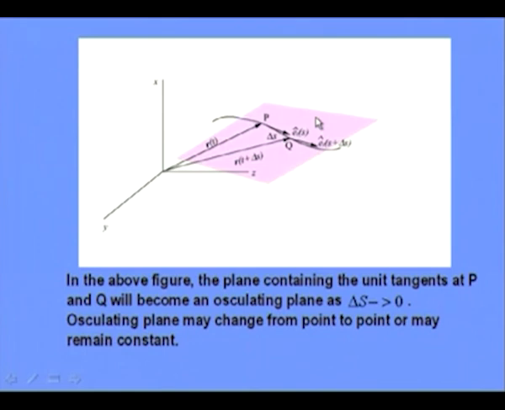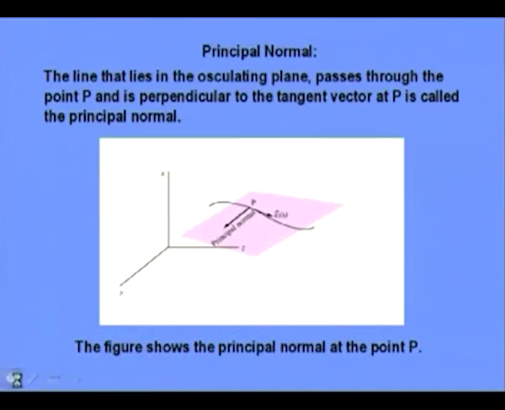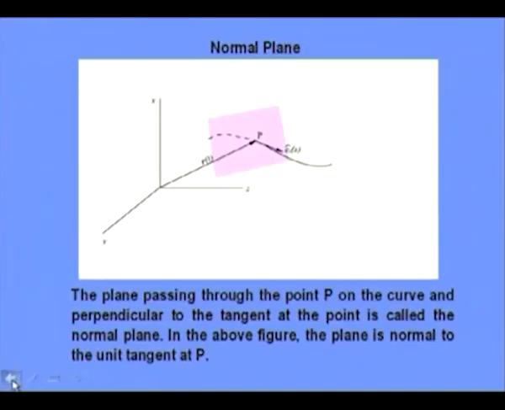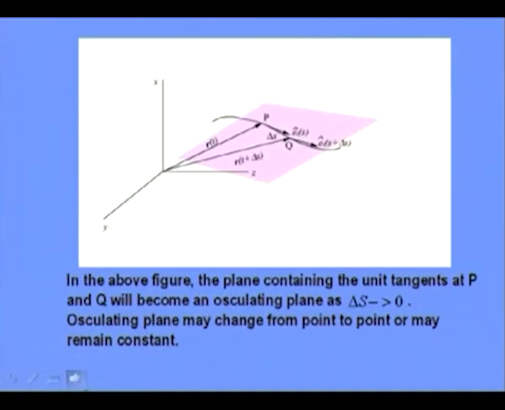So, the osculating plane may change from point to point or may remain constant. If the motion is taking place only in a plane, then that plane itself is the osculating plane. Osculating means kissing. So, the osculating plane just kisses the path, that is why it is called the osculating plane.